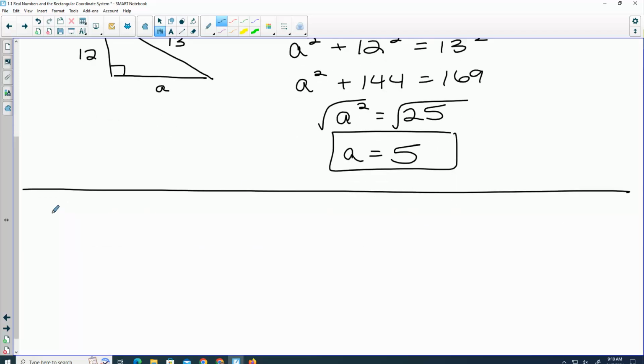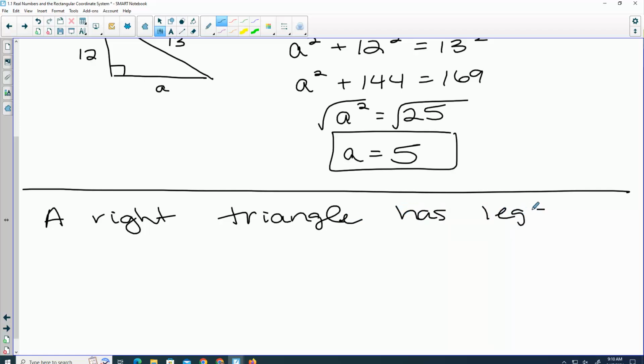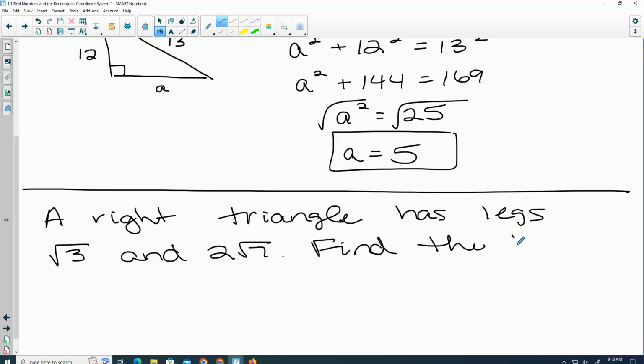We've dealt with radicals. We did it on our last test.